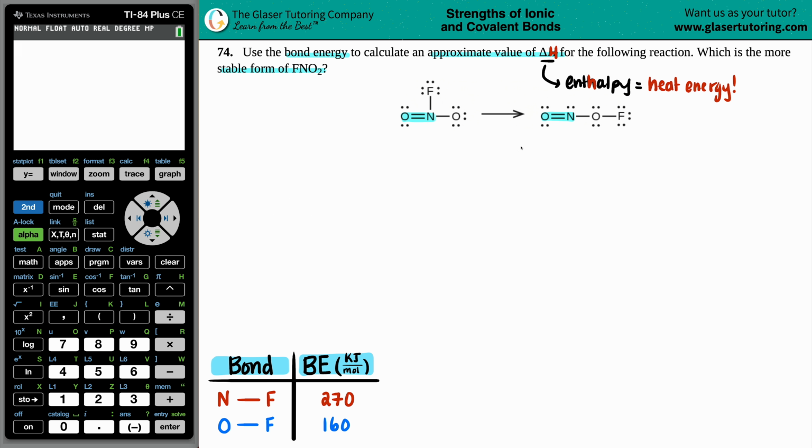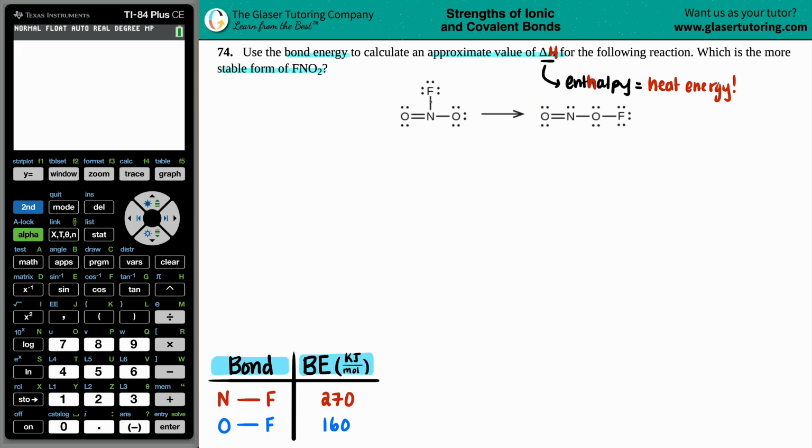Here it is. Since I have one on the left and one on the right, there was nothing about breaking this bond, and there was nothing about forming this bond, because it's been there all along. We only want to care about differences. The same thing with the N single bond O. Well, here it is. So, we didn't form this bond, we didn't break this bond, so we don't care about it.